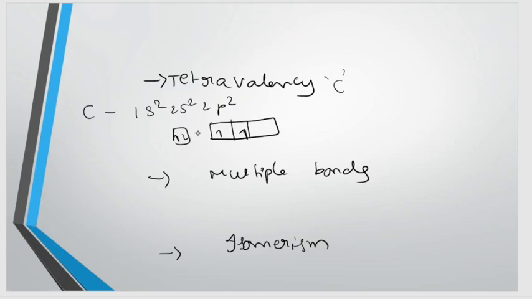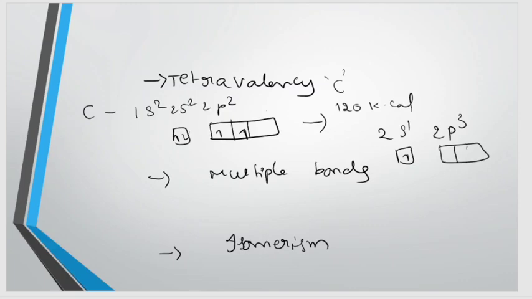And in the excited state, the excited state energy is around 120 kilocalories, and with the help of that 120 kilocalories an electron is able to jump to the 2p orbital, so that there will be 4 unpaired electrons in the carbon atom in the form of 2s1 and 2p3.